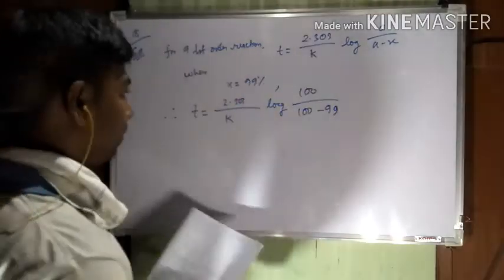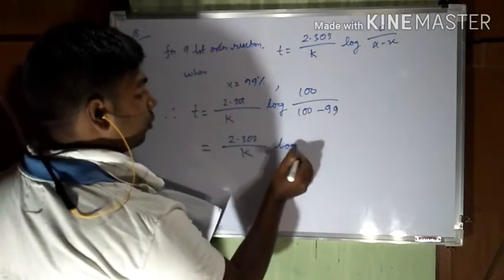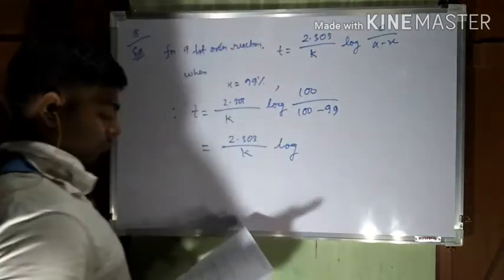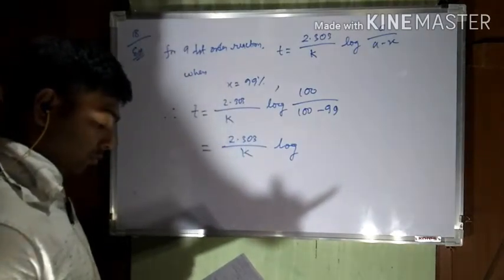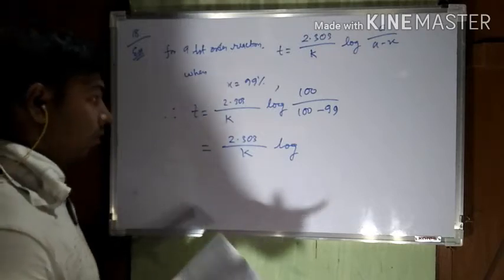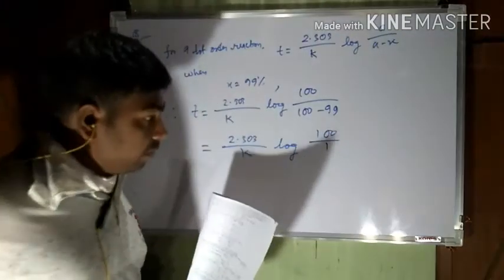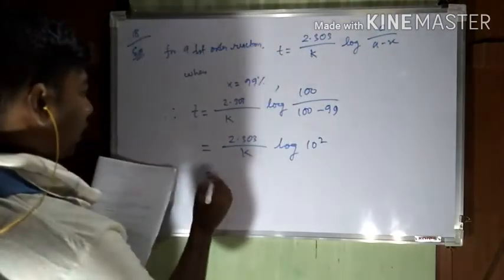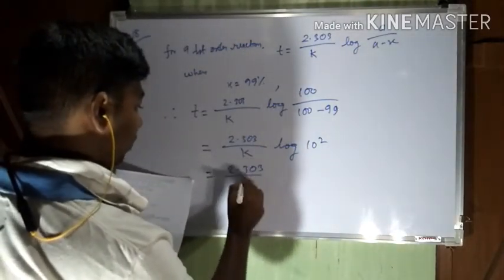Then it becomes 2.303 by K log of 100 divided by 1, which means 100, that is 10 squared.